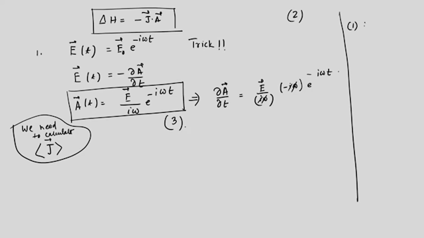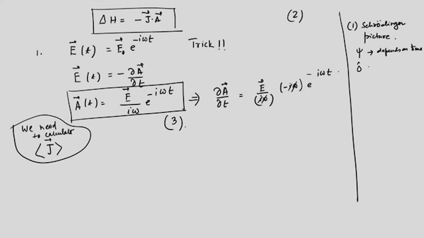One is called the Schrodinger picture, in which you have the wave function that depends upon time, but the operators do not.